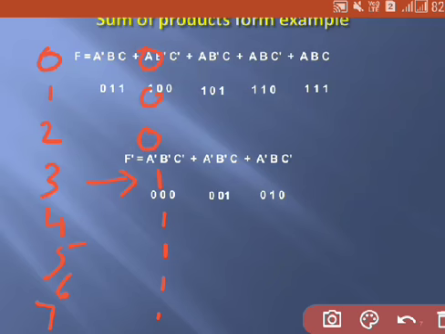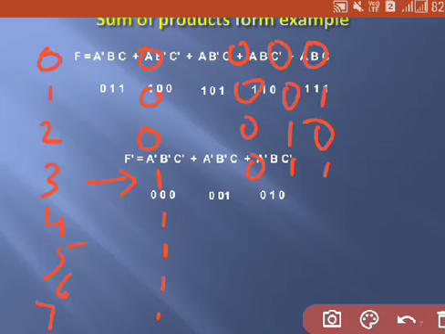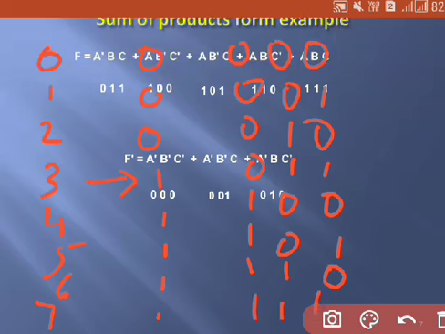So what is the combination in terms of the input variables? 0 0 0, 0 0 1, 0 1 0, 0 1 1, 1 0 0, 1 0 1, 1 1 0 and 1 1 1. So these are the combinations.